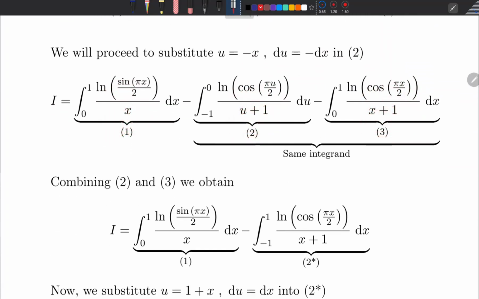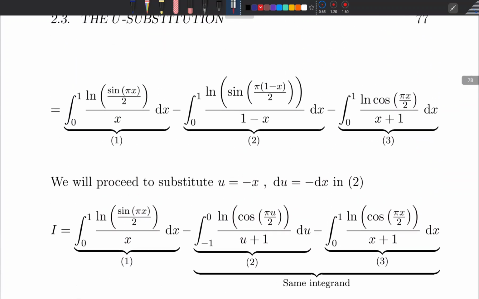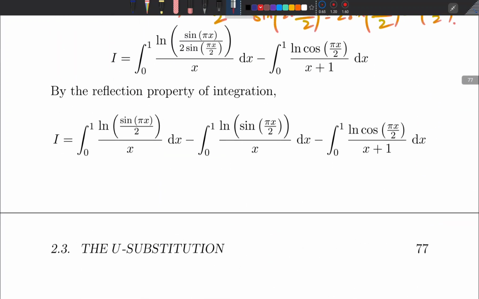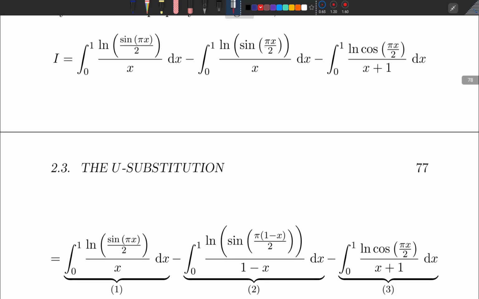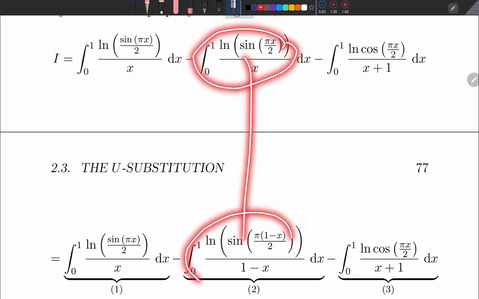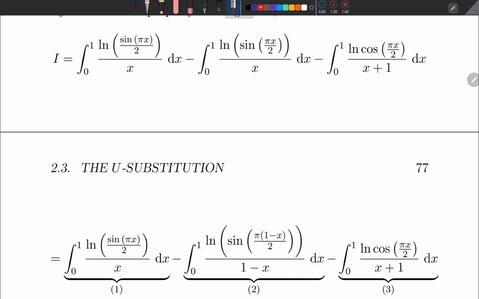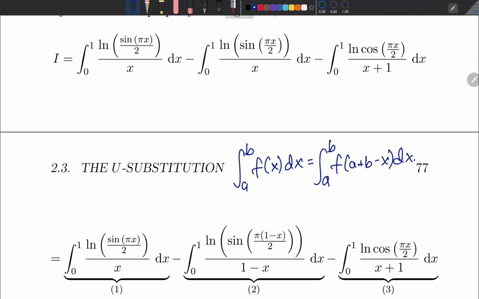So basically he used the identity that we have proven so far, that is the integral from a to b of f of x dx equals the integral from a to b of f of a plus b minus x dx.